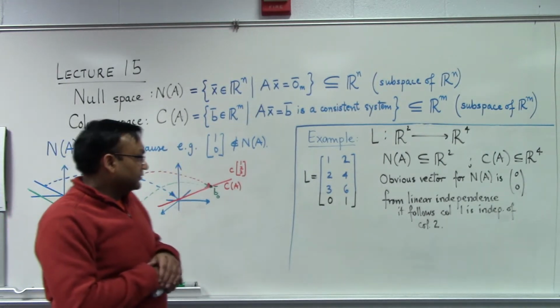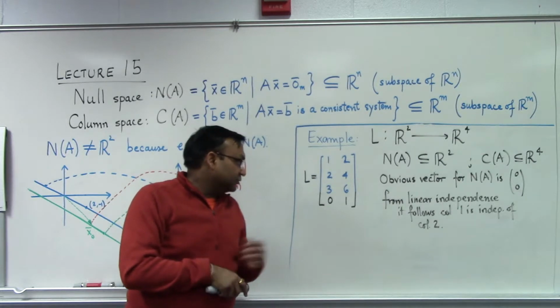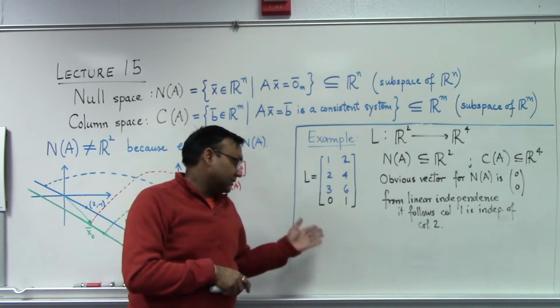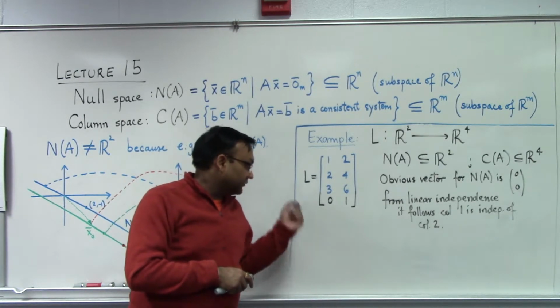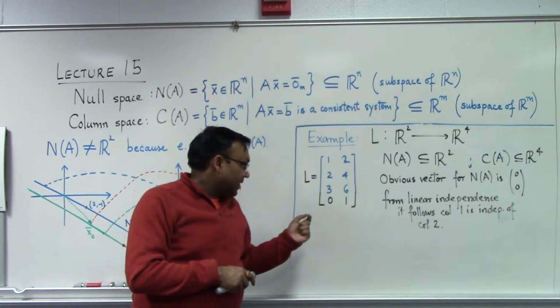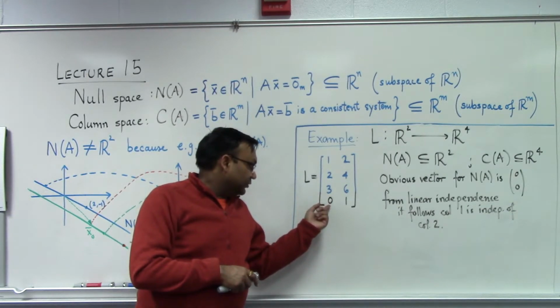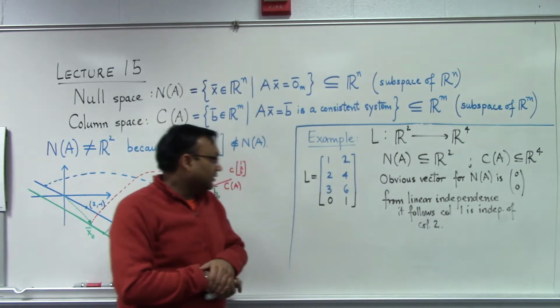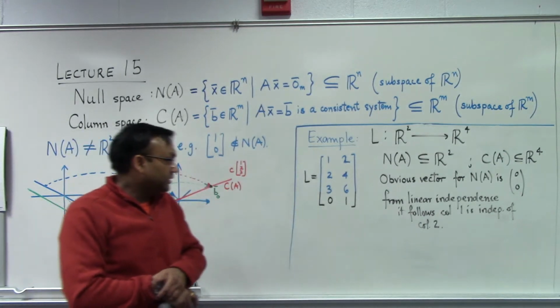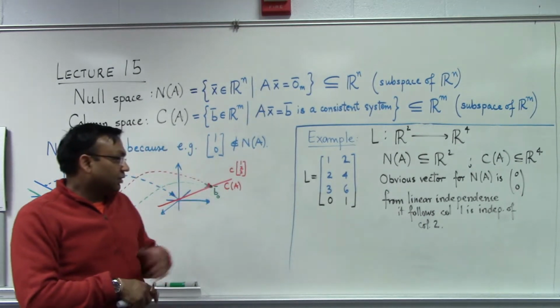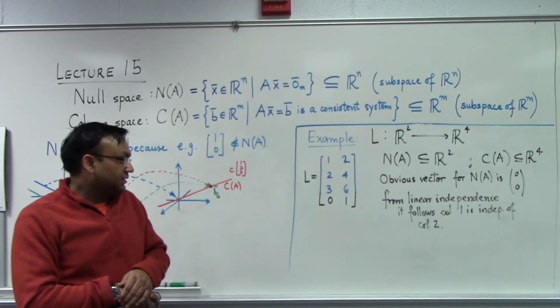And why is it so obvious? Well, these are two columns. If they were dependent, they should be multiples of each other. And as we said, they are not multiples of each other. Another way to look at it is the first column has a 0 in the last entry, and the second column has a non-zero entry in the last entry.